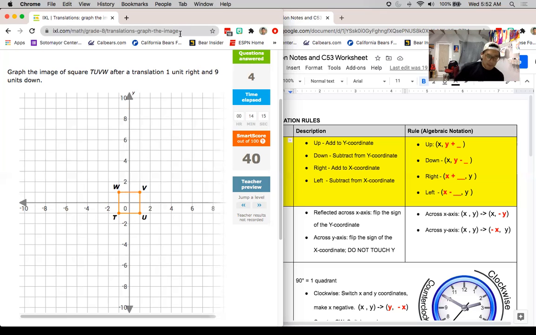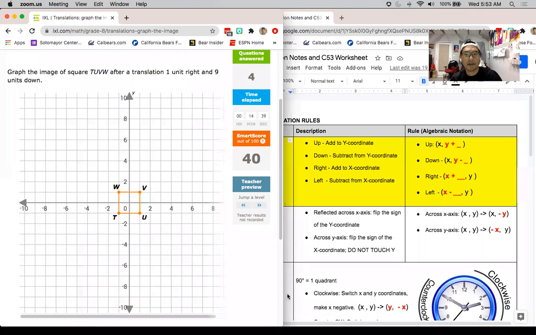All right, so I've got my coordinates. Now I'm going to translate every single one of them 1 unit to the right and 9 units down.